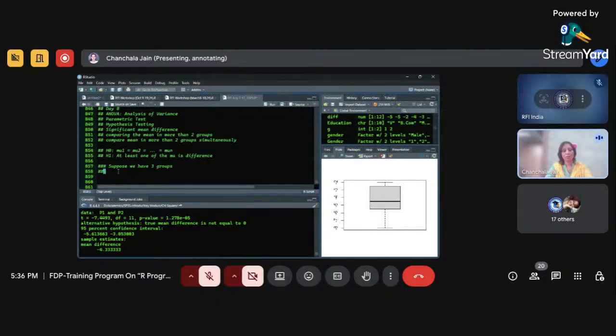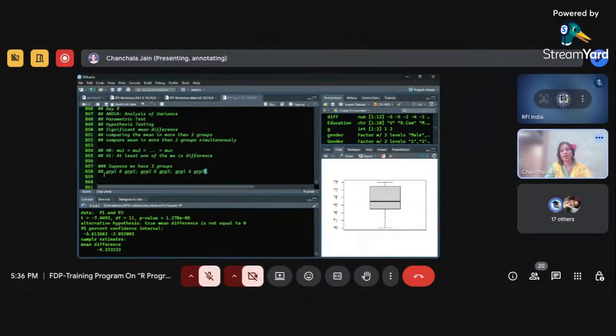That means it might be possible that group 1 and group 2 are differing, maybe group 2 and group 3 means are differing, or maybe group 1 and group 3 means are differing, or maybe in all three groups there can be a difference in the mean.